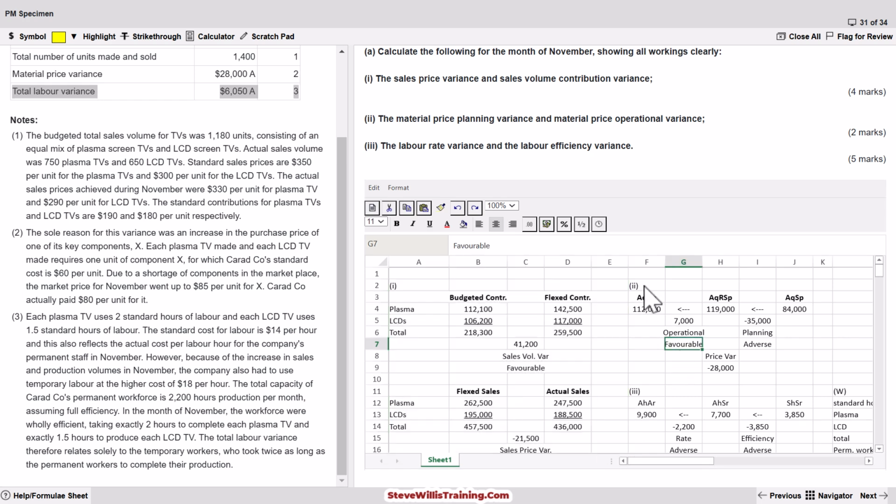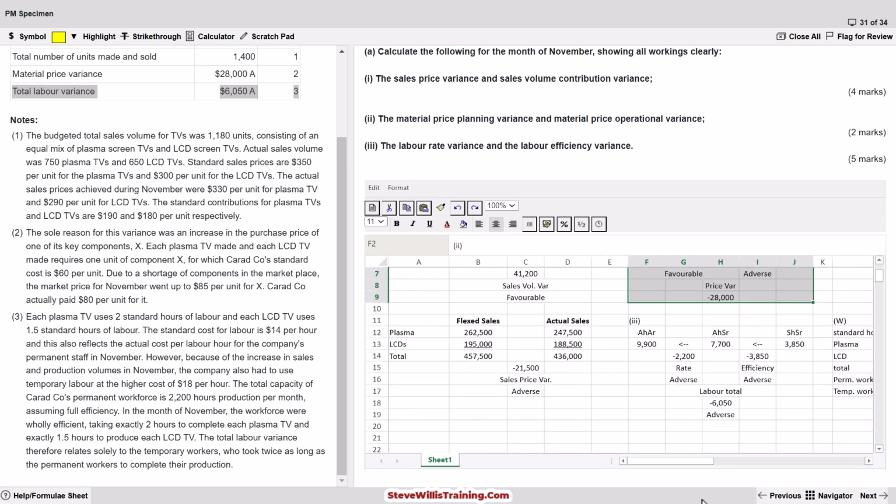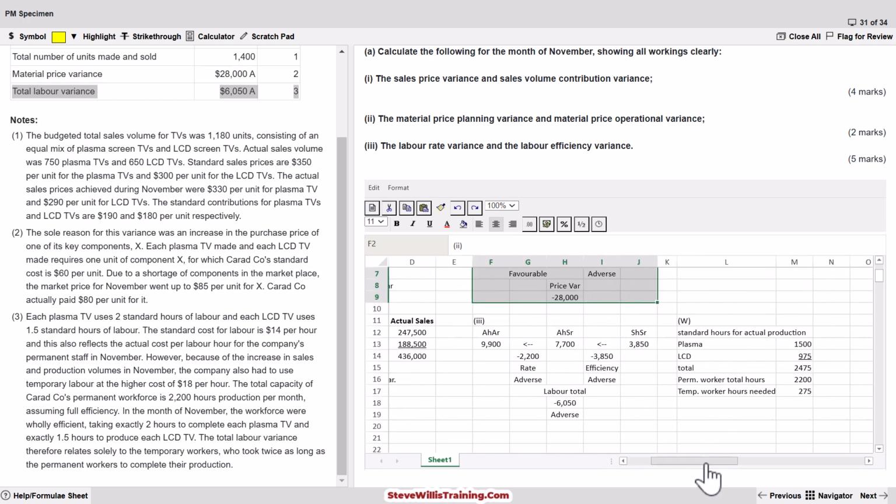Part 1. We've got that price, operational, and planning variance breakdown over here. And then we just did the labor rate and labor efficiency variances. Guys, workout of epic proportions.